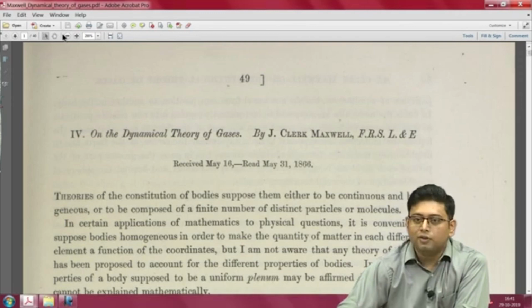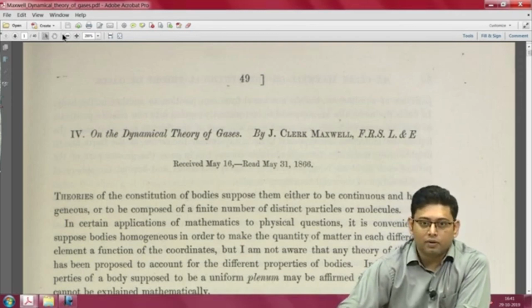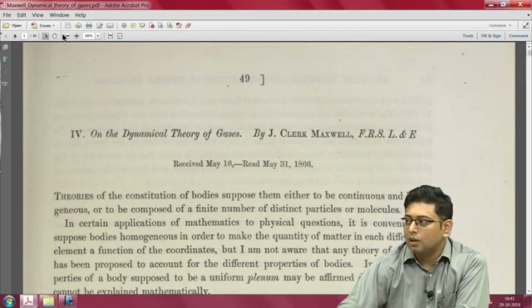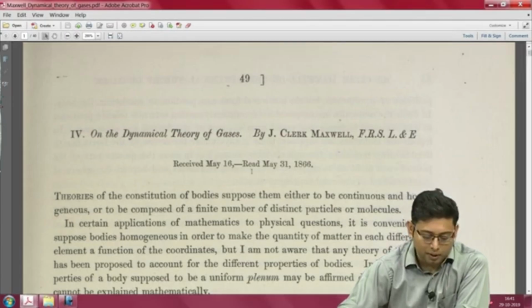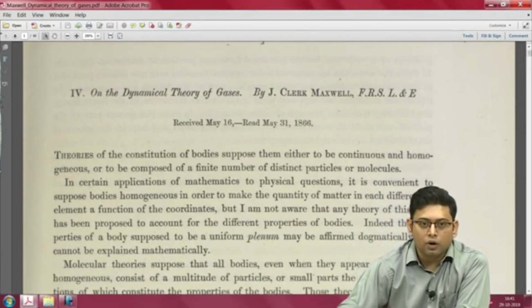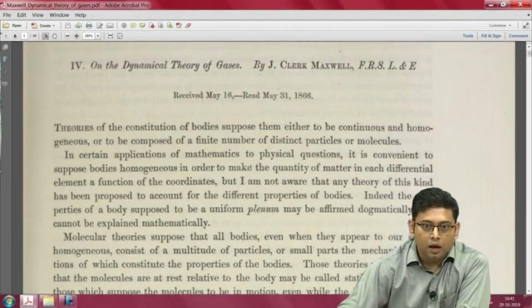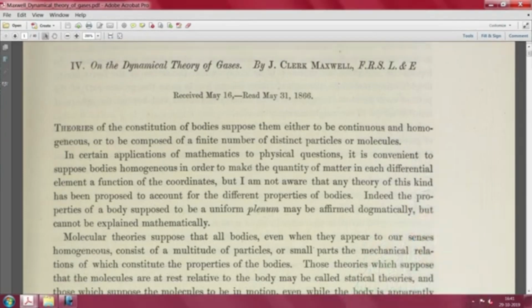The history of why he was trying to look into the dynamical behavior of gases is interesting and you can look it up later, but we are not going to concern ourselves with that. In the beginning he talks about the theories of the constitutions of bodies, and at that time they had still not seen an atom.